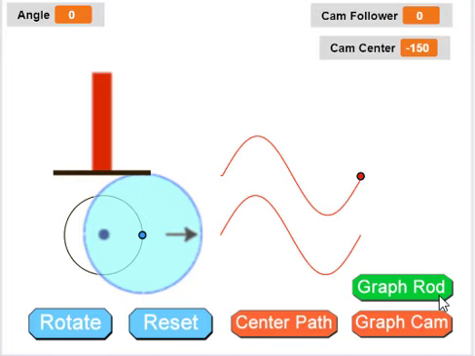So these characteristics are used by engineers to cause the cam follower to follow a prescribed path.